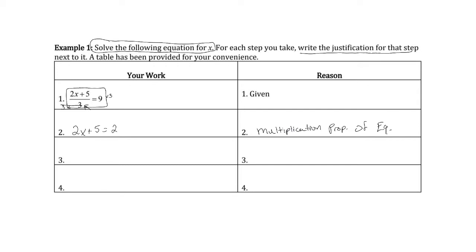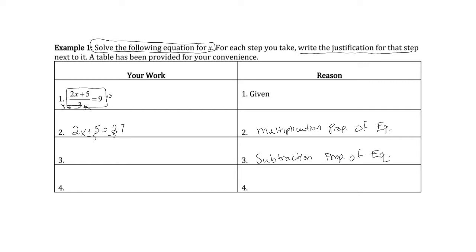is equal to 27. Our next step is to get rid of any addition or subtraction. Well, we have an addition of 5. So to zero that out, we subtract both sides by 5. So we're using the subtraction property of equality. We're just explaining what we did to get to this third step.